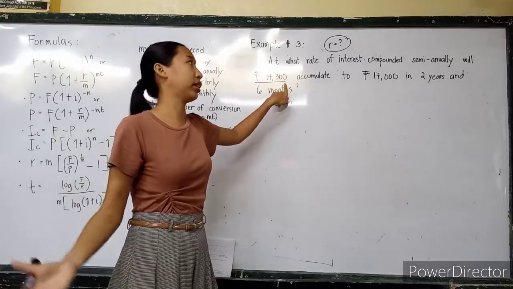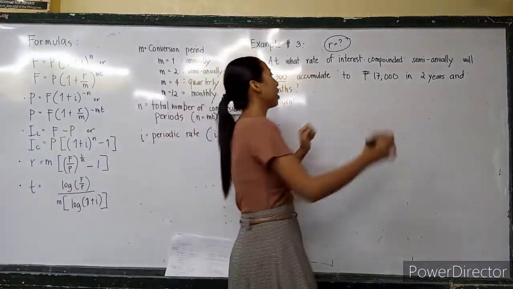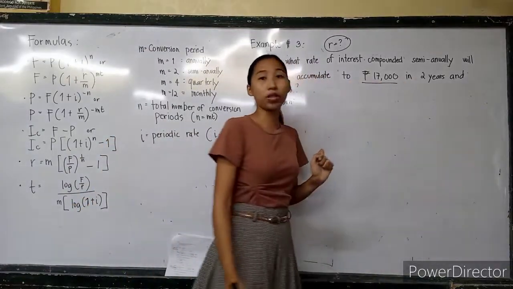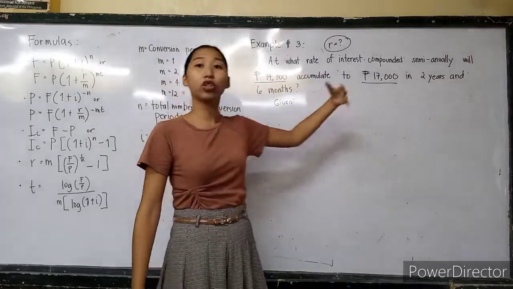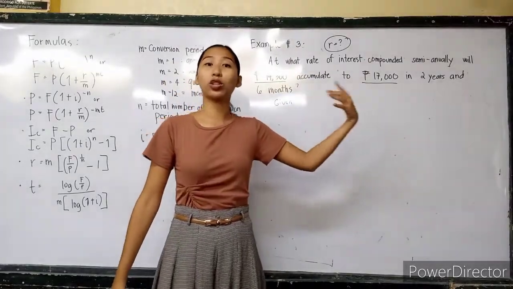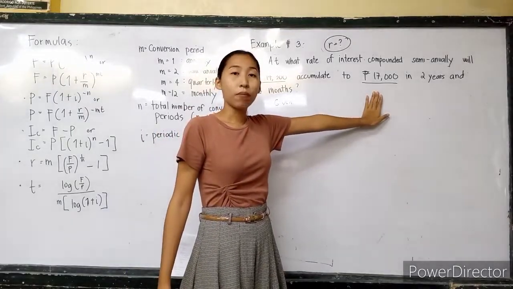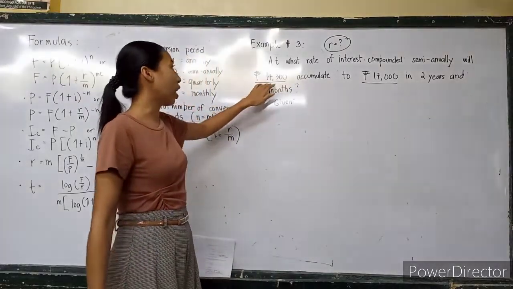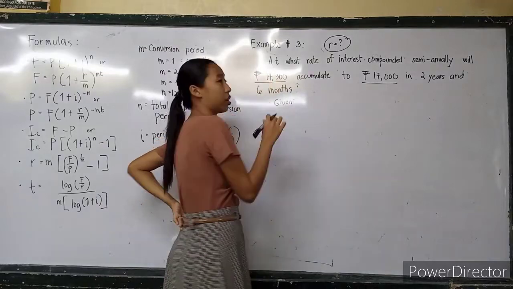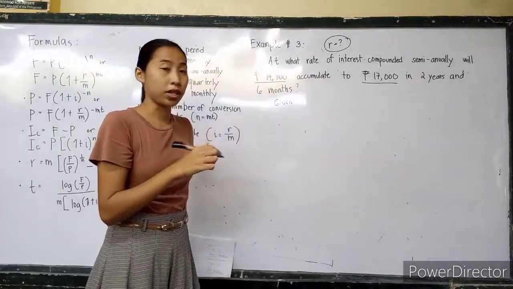Kaning second na quantity na 17,000 pesos is accumulate to na siya. So, padulong na dito ang kwarta. That means this is already your compounded amount. So, kining 14,300, therefore, is your principal.